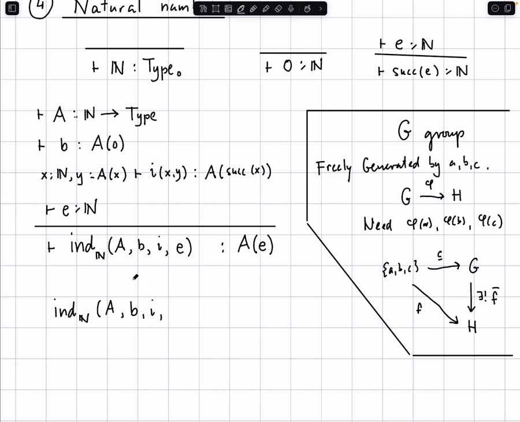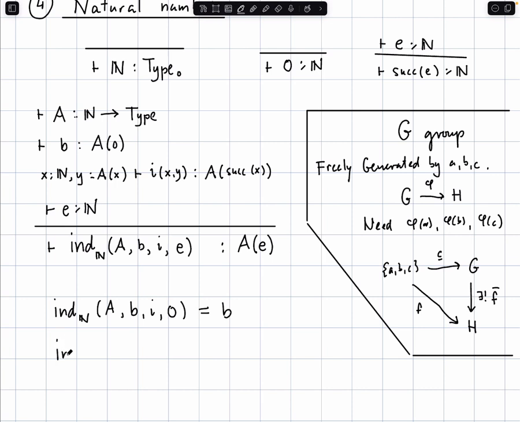What happens if I say here for E, what element will I get if I apply this to 0? What do you expect? B. At 0, I should get the base case.